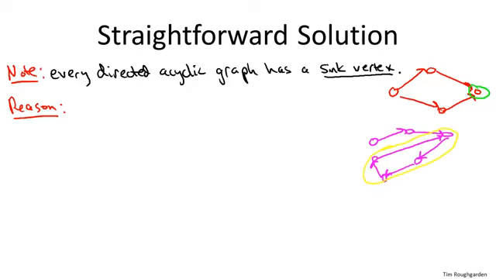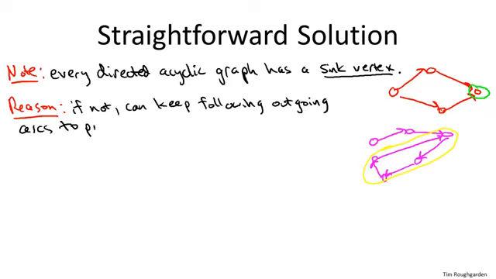So here's how we use this very simple observation now to compute a topological ordering of a directed acyclic graph. Let's do a little thought experiment. Suppose, in fact, this graph did have a topological ordering. Let's think about the vertex which goes last in this topological ordering. Remember, any arc which goes backward in the ordering is a violation. We have to make sure every arc goes forward in the ordering.